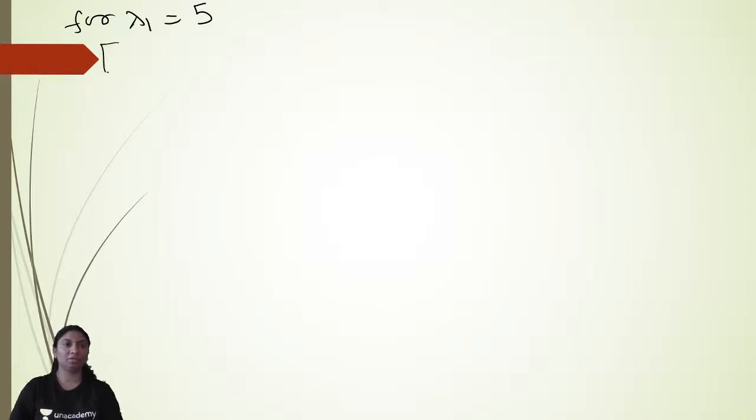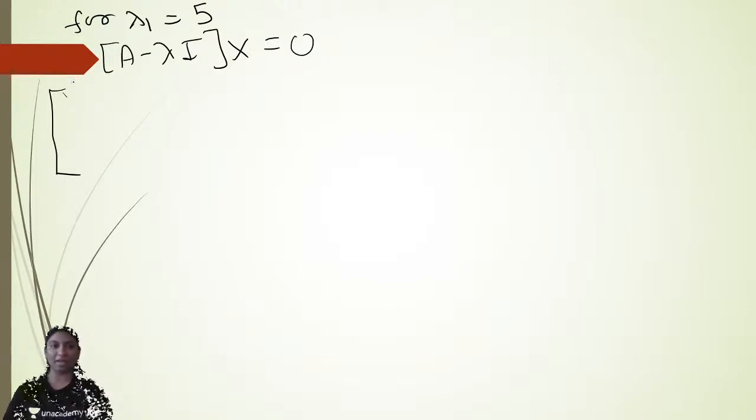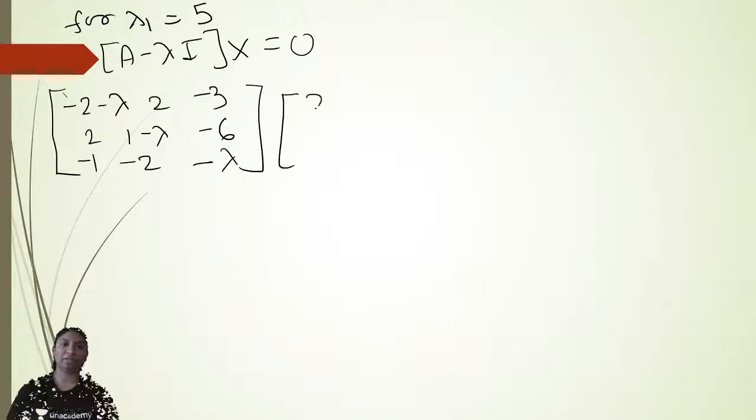Okay, so (A minus lambda I) into X is equal to 0. So we will calculate A minus lambda I. So our A minus lambda I is minus 2 minus lambda, 2, minus 3; 2, 1 minus lambda, minus 6; and here is minus 1, minus 2, minus lambda, times x y z equal to 0 0 0.